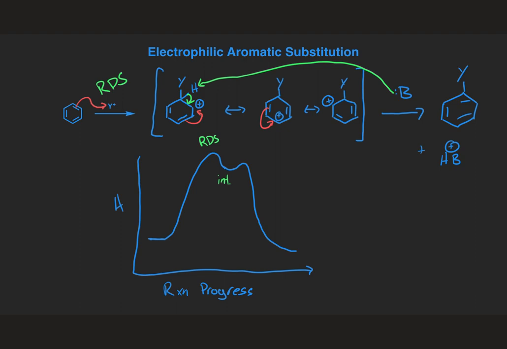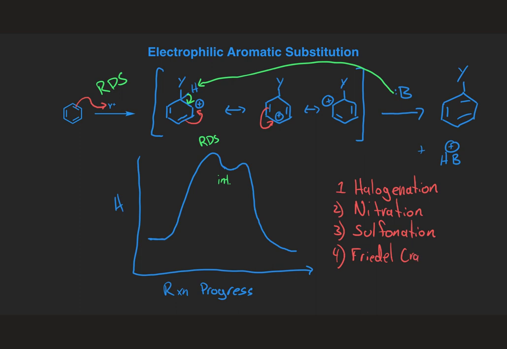There are 5 big classes of electrophilic aromatic substitution that I want to talk about in this video, and they are halogenation, nitration, sulfonation, Friedel-Crafts acylation, and Friedel-Crafts alkylation.